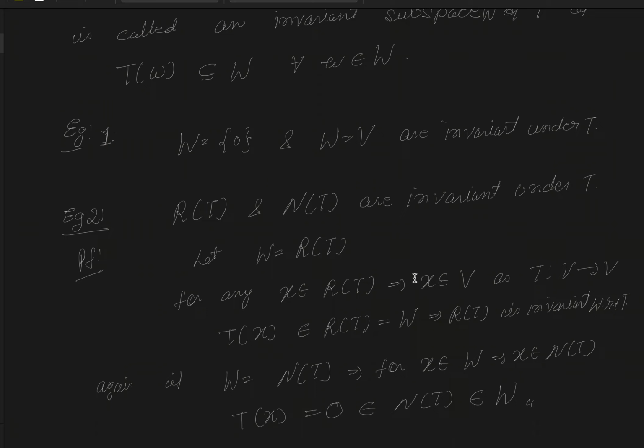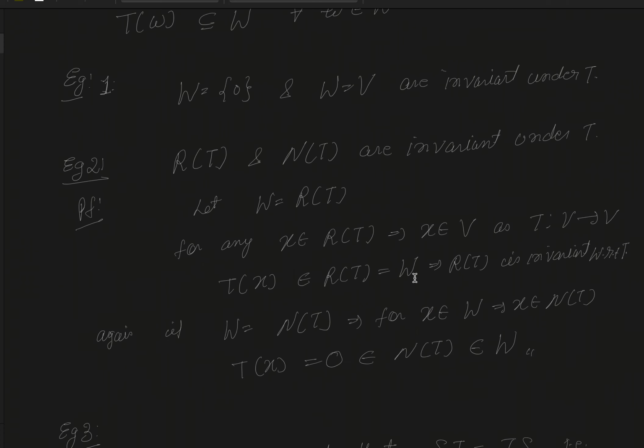If you consider W equals the range of T, then it is invariant under T. To see this, it is quite simple: if you take any element in the range of T, there exists some X in V, because T is a transformation from V to V, and T(X) is again in the range of T, which equals W. So the range of T is an invariant subspace.